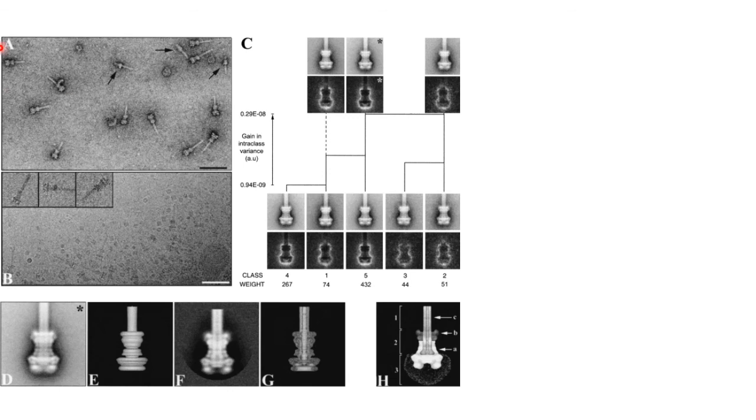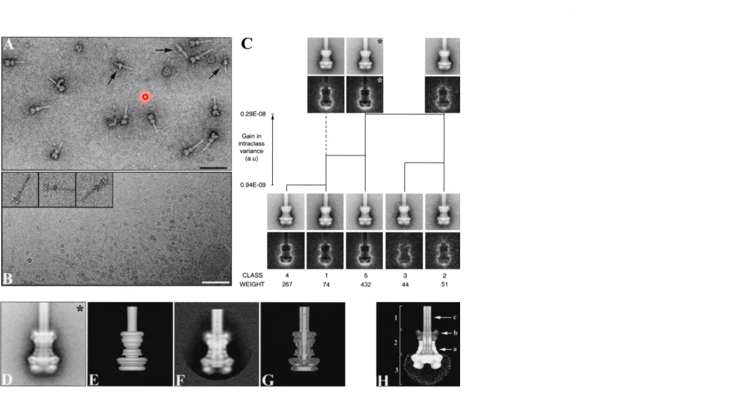Here in this picture, you see the raw data, the image. This is corresponding to the flagellar basal body. Flagella are structures present in bacteria which are used for movement. The basal body is the structure of the flagellum which is embedded in the membrane.